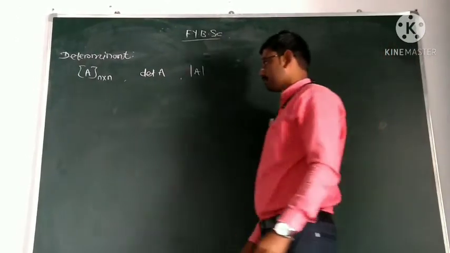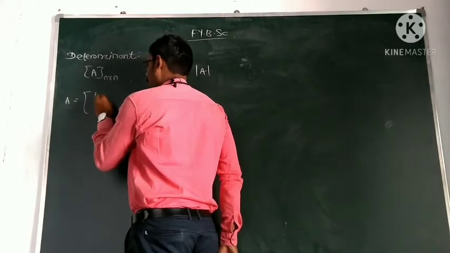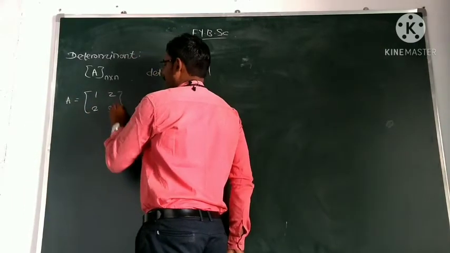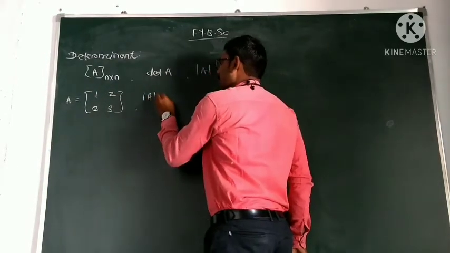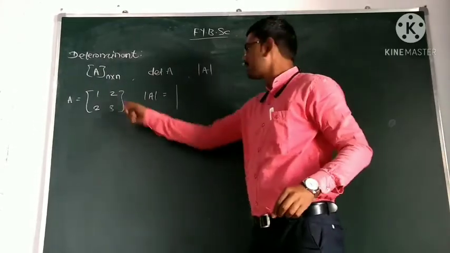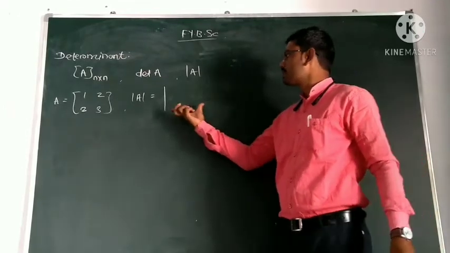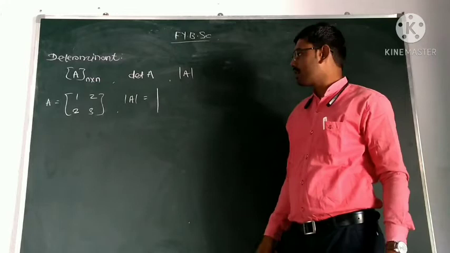For example, suppose matrix A is equal to [1 2; 2 3]. Then the determinant of matrix A is equal to, now instead of writing matrices we will write just two lines. These lines denote we are taking the determinant of the matrix.